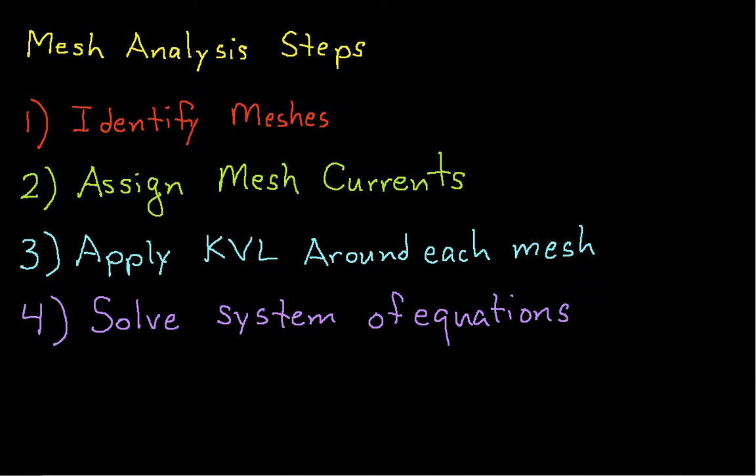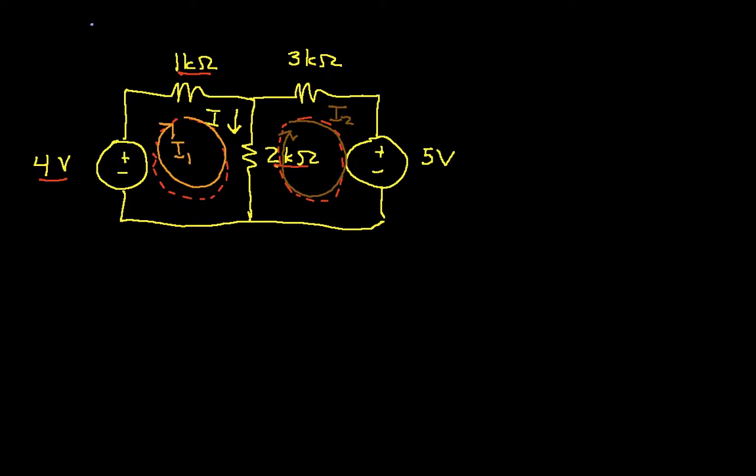Now the next thing we need to do is apply Kirchhoff's voltage law around each mesh. So let's go back and start with mesh 1. We'll start with this mesh current that we've defined, and we'll apply Kirchhoff's voltage law around the mesh. We'll start at the source, and we'll apply the voltage law in the same direction as we've defined the mesh current.